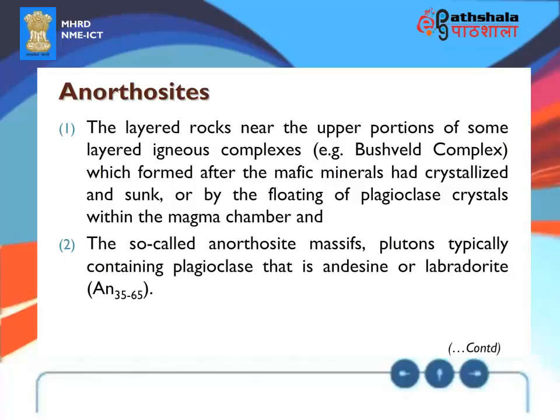The layered rocks near the upper portions of some layered igneous complexes, for example the Bushveld complex, formed after the mafic minerals had crystallized and sunk, or by the floating of plagioclase crystals within the magma chamber, and the so-called anorthosite massifs, or plutons, typically containing plagioclase that is andesine or labradorite.